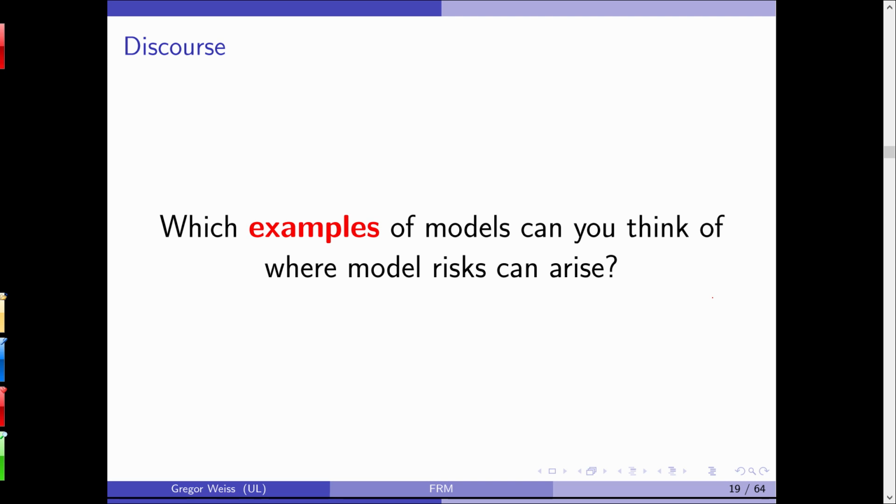This is what he refers to as endogenous risk, because by trying to decrease the risk, by trying to hedge against those risks, you are actually enlarging and strengthening them. And this is the same, I guess, with model risk.